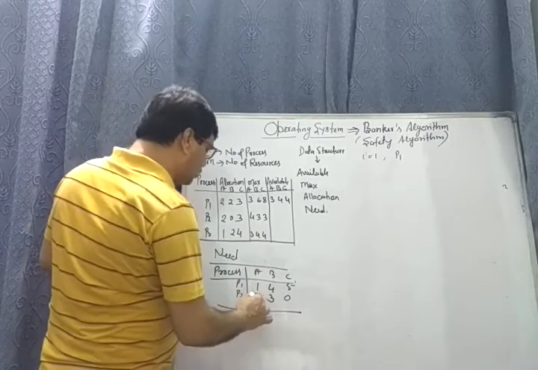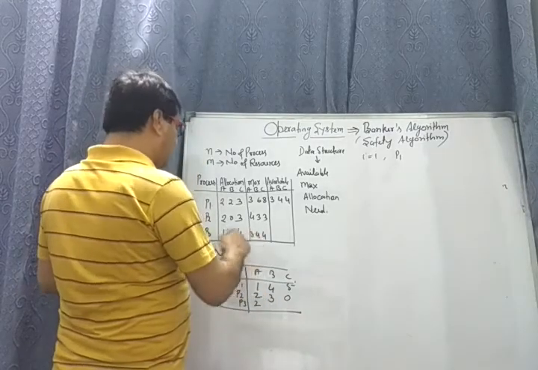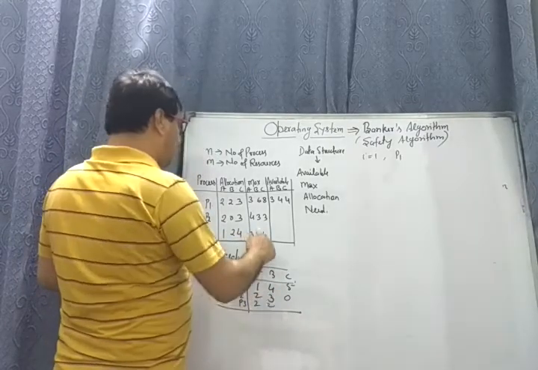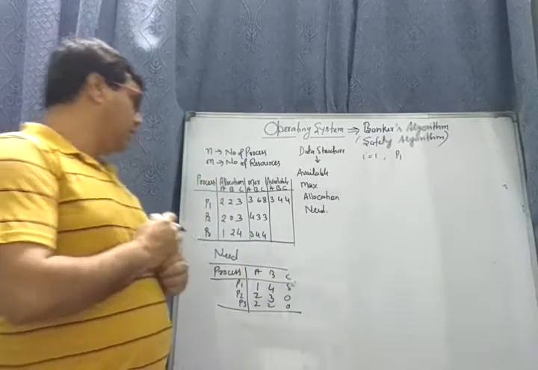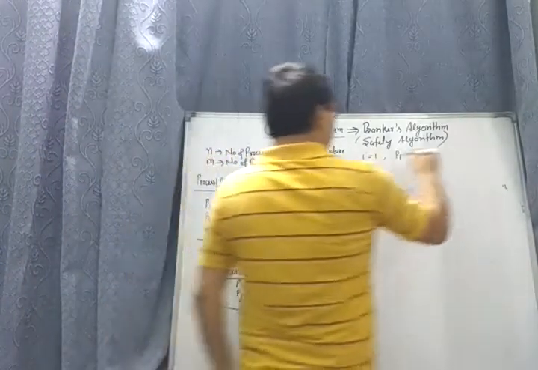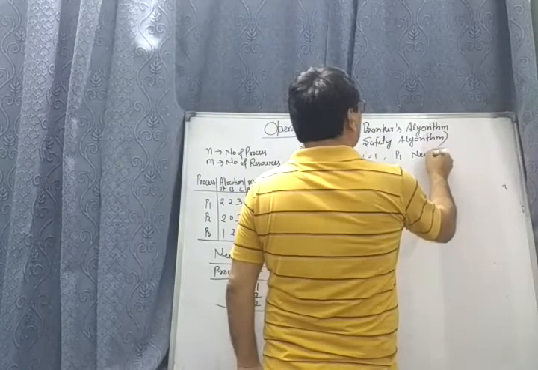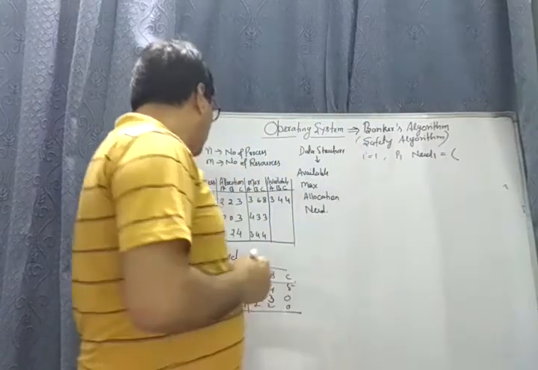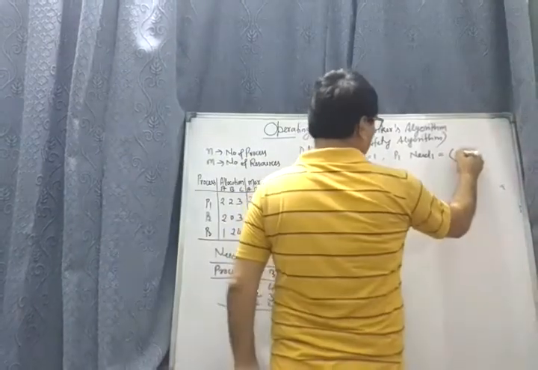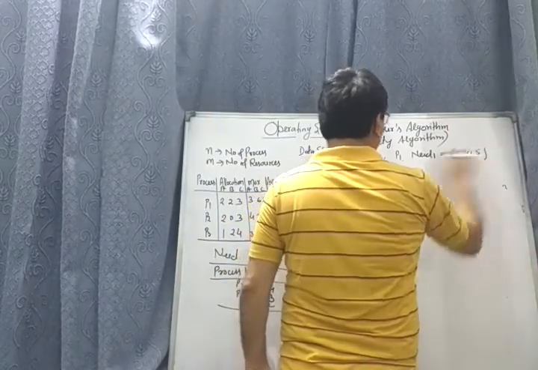Again 3 minus 1 is equal to 2, 4 minus 2 is equal to 2 and 4 minus 4 is equal to 0. So this is the need matrix. Now first of all we calculate need i, means Need1. Need1 is equal to 1, 4, 5.